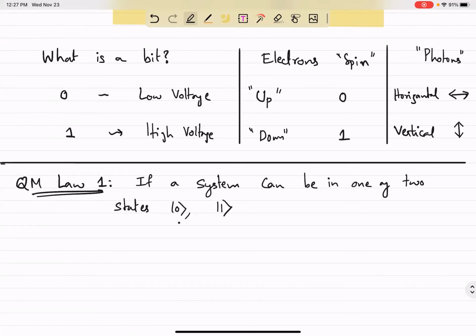So this is just like a bit 0, which we were denoting as 0 earlier, and bit 1 was 1. Now you have two states. One I'm going to denote with a 0 in the strange ket notation, this is called a ket, and 1. Then it can also be in a superposition of the two.